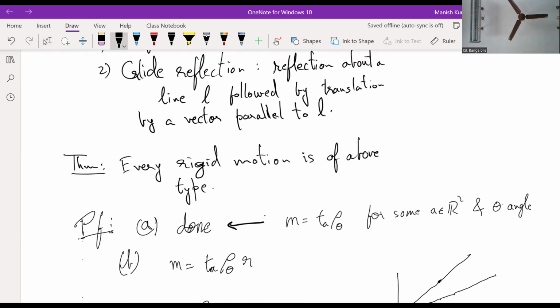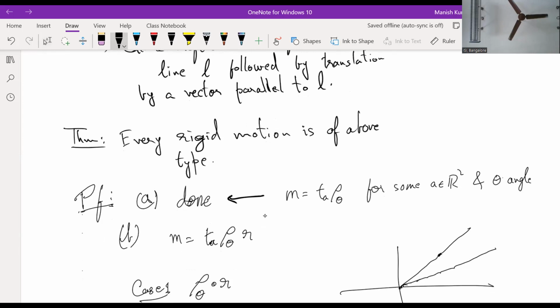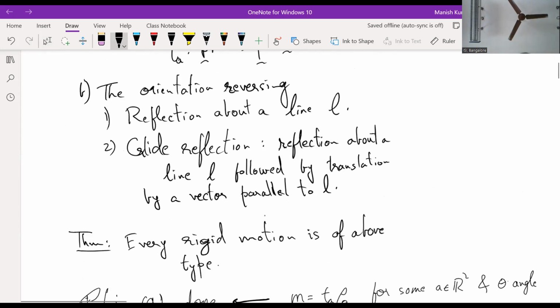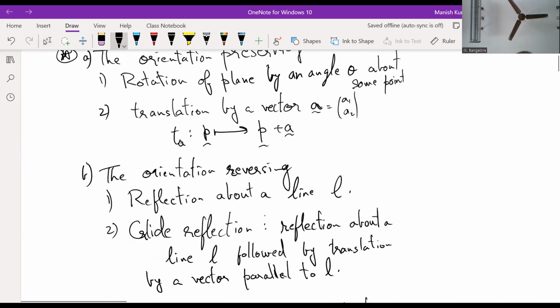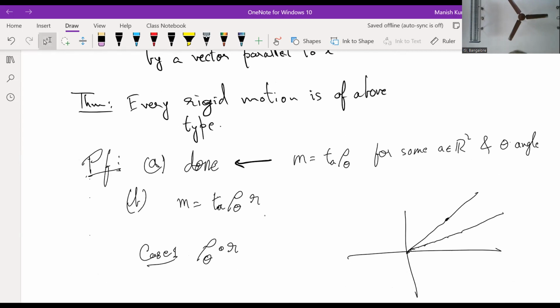Anything which is orientation preserving is of this form, and anything which is orientation reversing is of the form M equals T_A rho theta R. So there has to be one reflection.